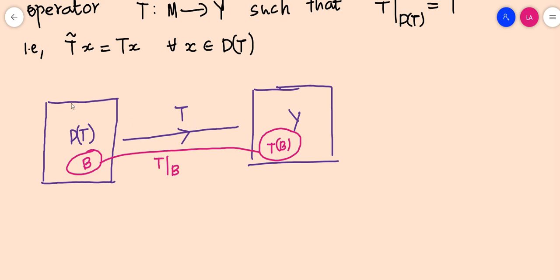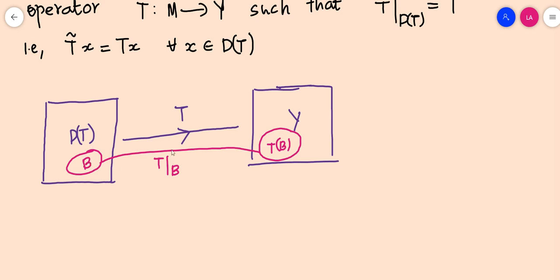So T is a function which is defined on the whole set D of T. Consider any subset B of D of T and define this function restricted onto B. Such a function is called T restricted to B. Please remember that this restriction is actually the function T itself. We are only defining this function on a proper subset of D of T. We are not changing the function definition.